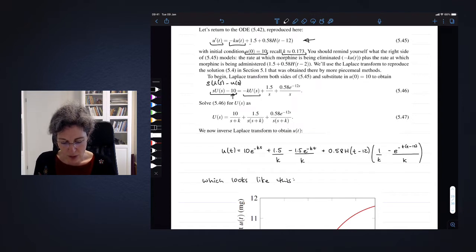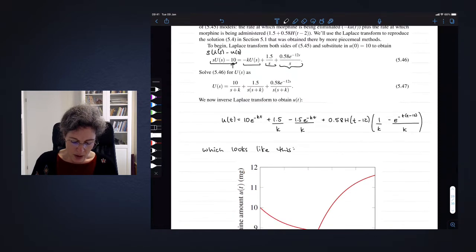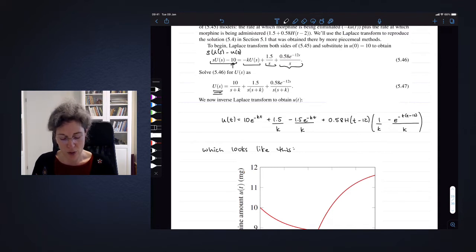The Laplace transform of the constant 1.5 will be 1.5 over s. Check the table if you've forgotten. And then we can use our newly discovered Laplace transform of the Heaviside function to get this term over here. Then we do the usual solving for our s-domain solution, and you'll get this if you do it correctly.